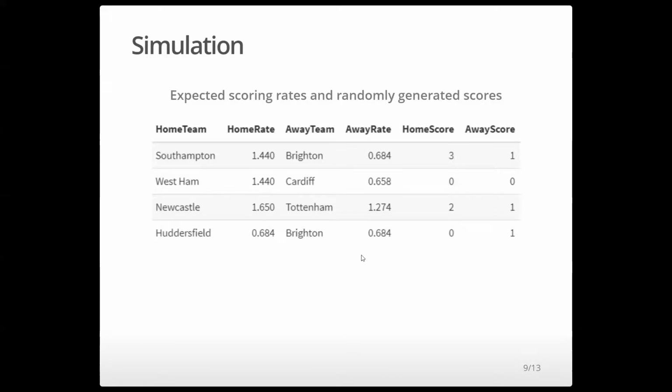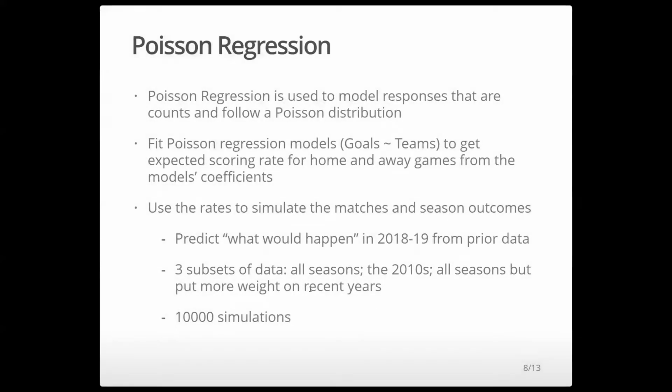So we basically randomly generated how many goals each team has in every matchup. So those are the scores of every matchup. We did a total of 10,000 simulations, and we did that for three different subsets of data.